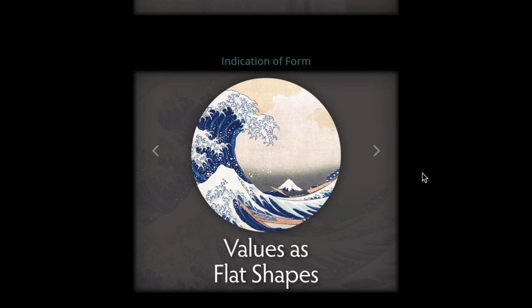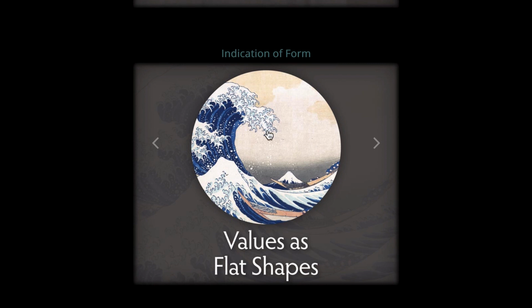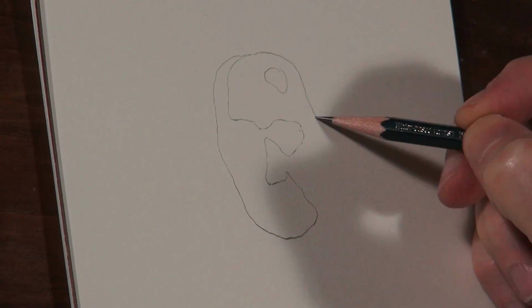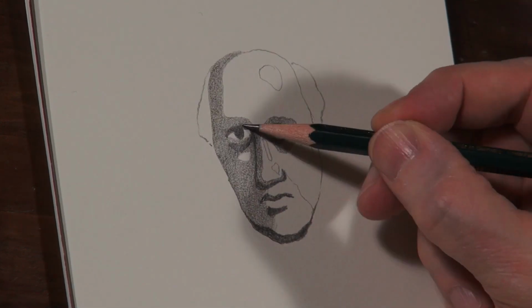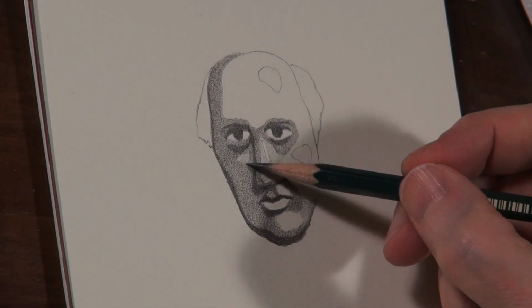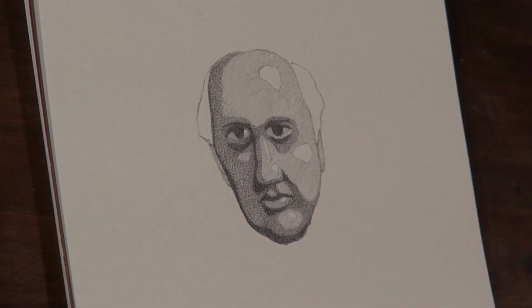Now in abstract representation, we can play around with the indication of form. And we can have values as flat shapes, where you have the darks being all one value and the lights being all one value, and use just a few values to indicate all of the different shapes and forms.